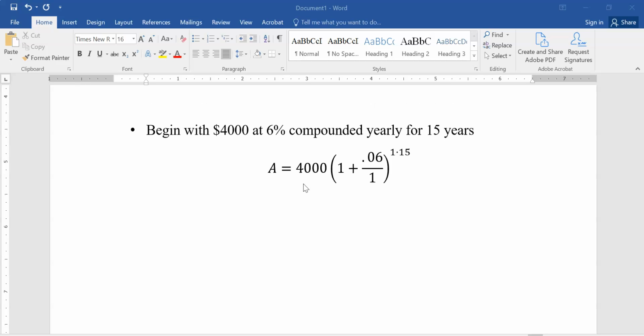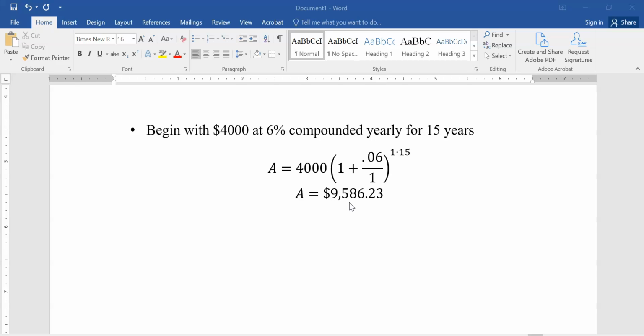We would apply the same formula, only this time our present value is going to change from 2,000 to 4,000. When you plug this into your calculator, you will get out an answer. That answer will be $9,586.23.